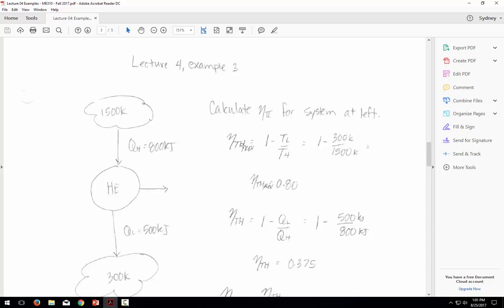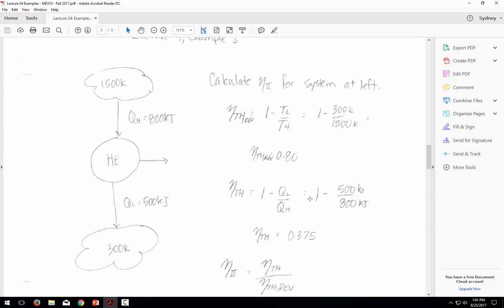So if we want to calculate this second law efficiency for the system at left, the first thing we need to do is calculate the thermal efficiency and the reversible thermal efficiency. You can do those in either order, but if I calculate the reversible thermal efficiency, I just need to know the temperatures of the reservoirs. So it's 1 minus T sub L over T sub H, which is 1 minus 300 Kelvin over 1500 Kelvin, and I get 0.8 for the reversible thermal efficiency.